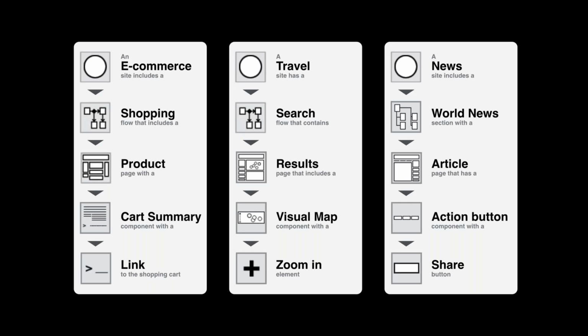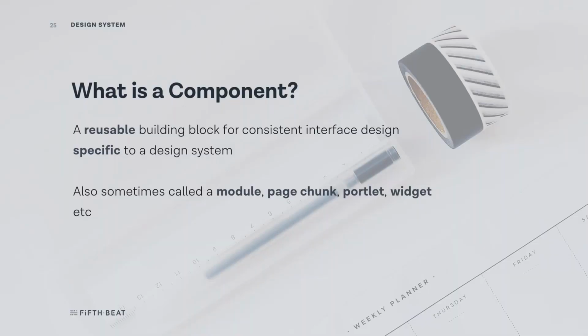Any component is made of a lot of elements. This is pretty close to what we call atomic design or modular design. So a component is a reusable building block for a consistent interface. Sometimes we call a component a module, a page chunk, a portlet, a widget, whatever.